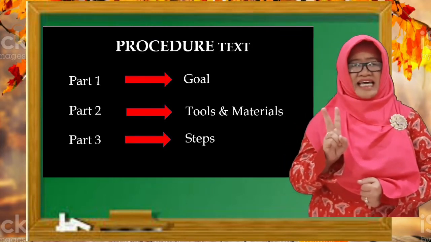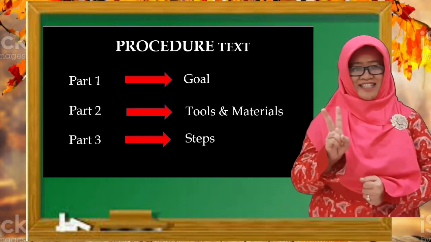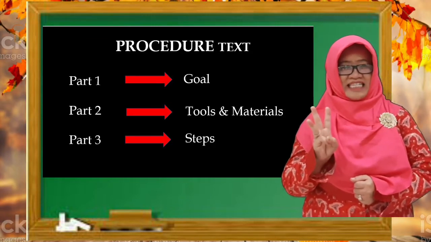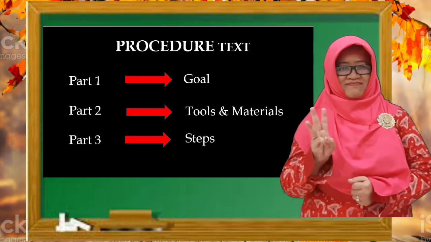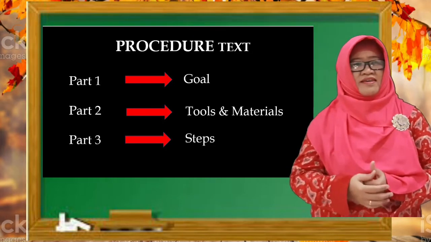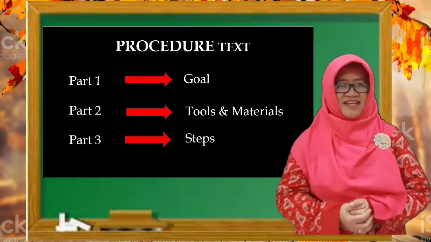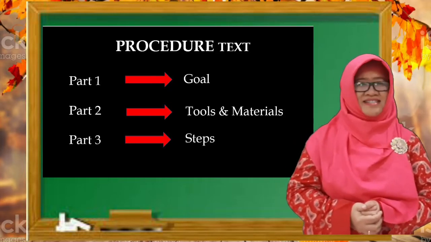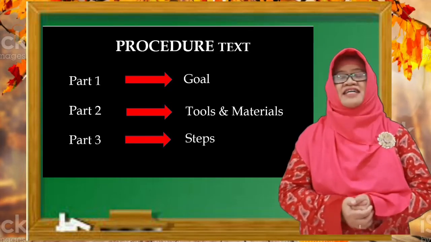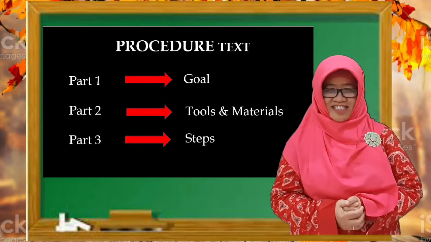Part 2 is tools and materials. Part 3 is steps. The structure of the text. This is just to make it easier for us to understand the generic structure of the text.